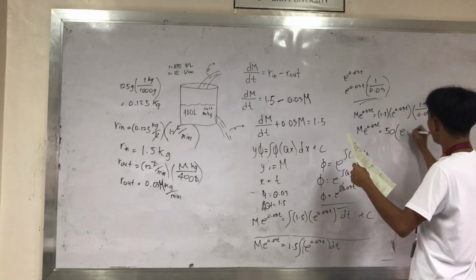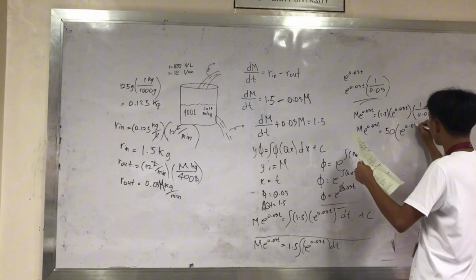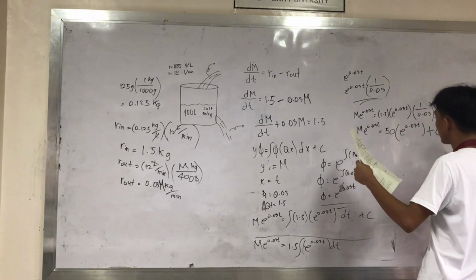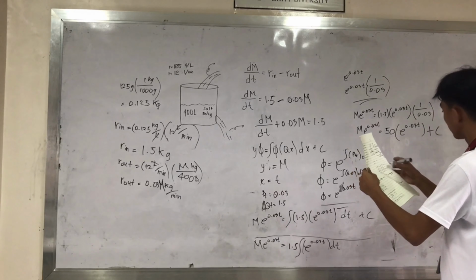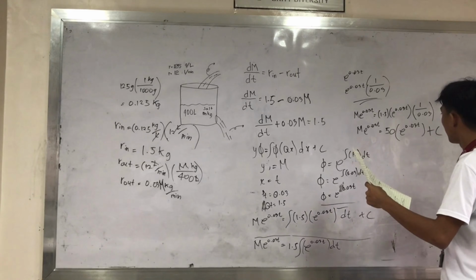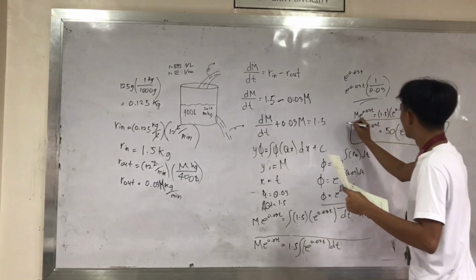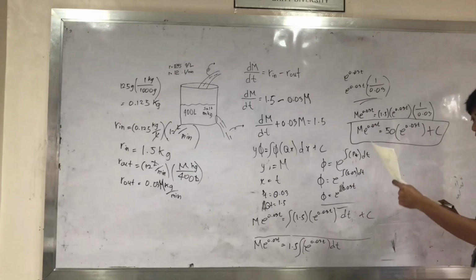So, 50 times e raised to 0.03t plus c. Now, this will be the equation that we will be using for substituting the values.